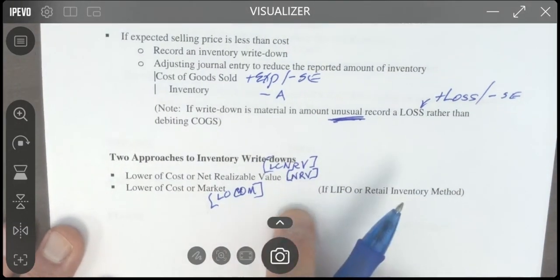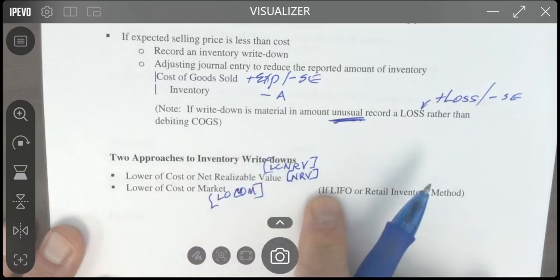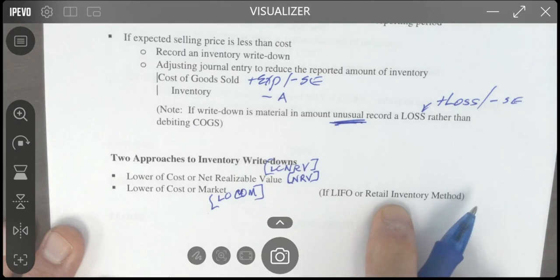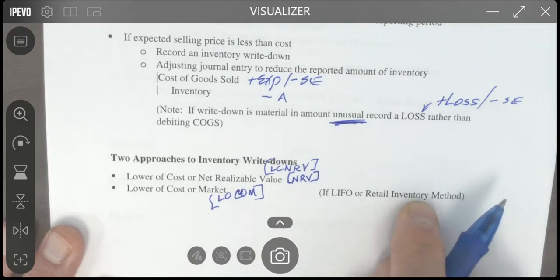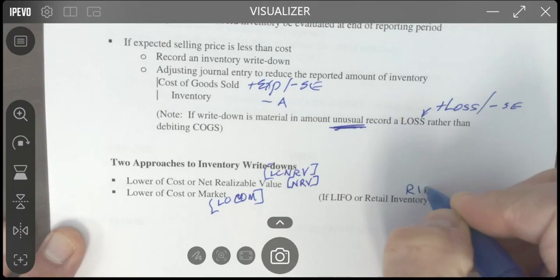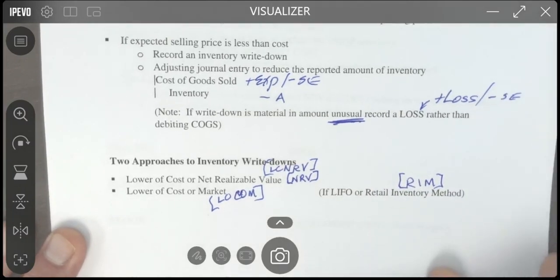So when are these two used? We use lower of cost or market if the company's cost flow assumption is LIFO, or if the method they're using is the retail inventory method, which we used shorthand RIM for when we learned about that method.